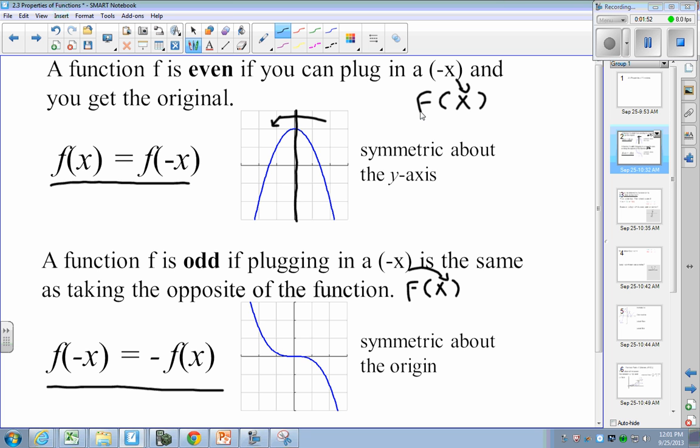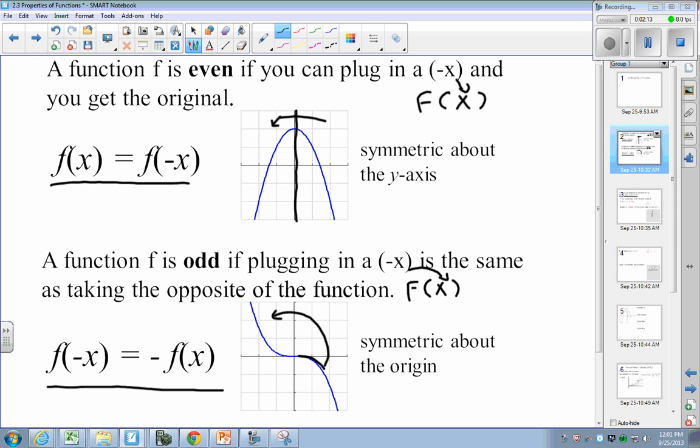And what the heck does that mean? So symmetric about the origin, think about it like this. If you have anything in quadrant 3, rotate it 180 degrees so that everything's into quadrant 2, or I'm sorry, this is quadrant 4 into quadrant 2. So you flip it 180 degrees, and you should get the same thing.